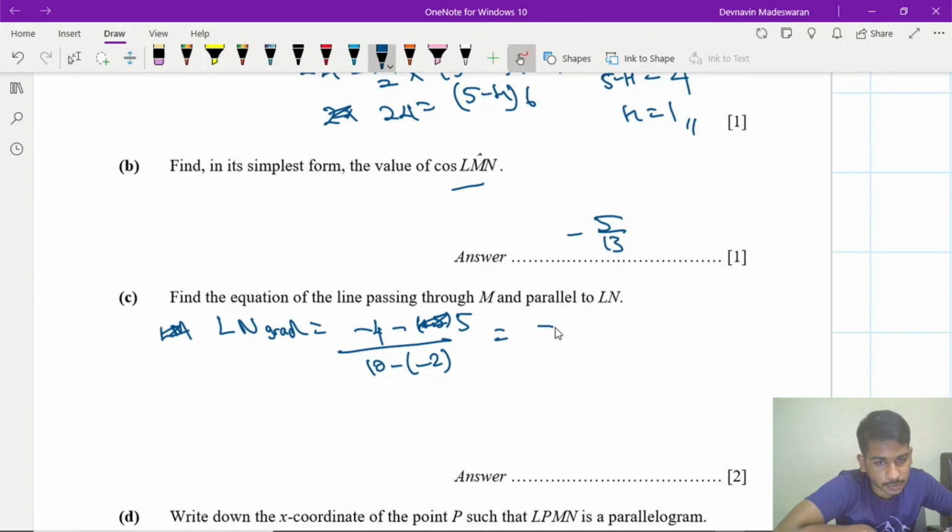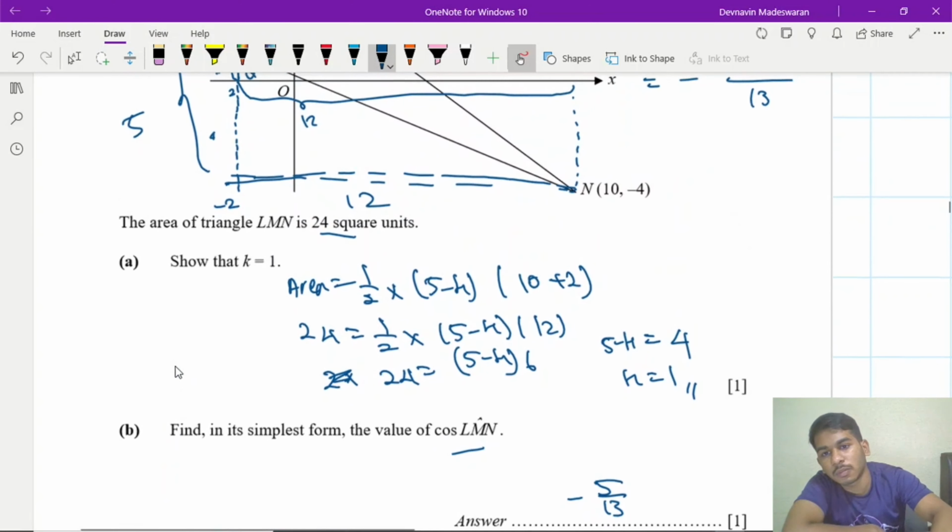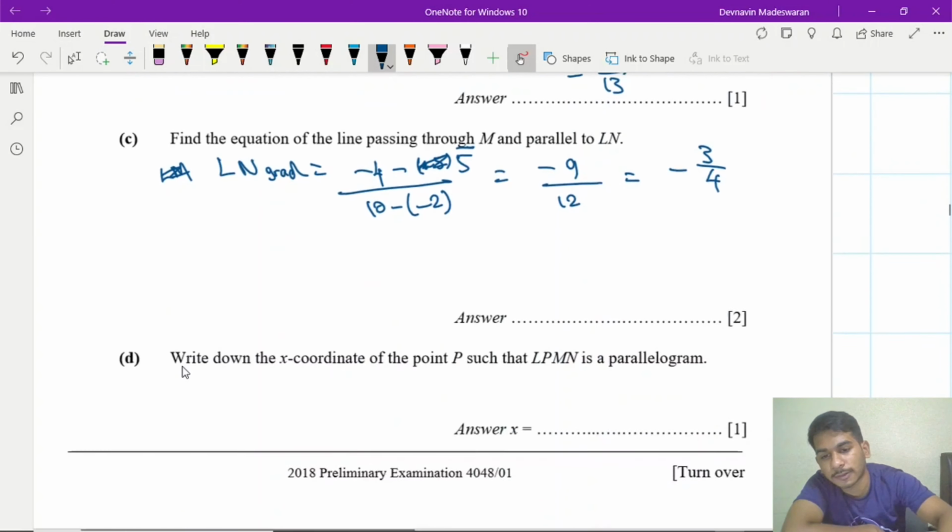I hope this makes sense. Okay, negative 9, and then this is going to be 12. So negative 9 over 12 is negative 3 over 4. So that's the gradient, and we know a point. The point is negative 2, 1, right? Negative 2, 1, yeah.